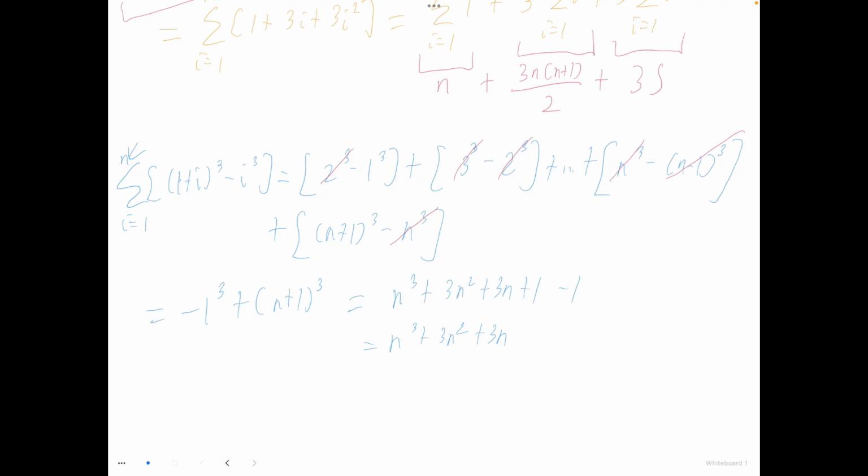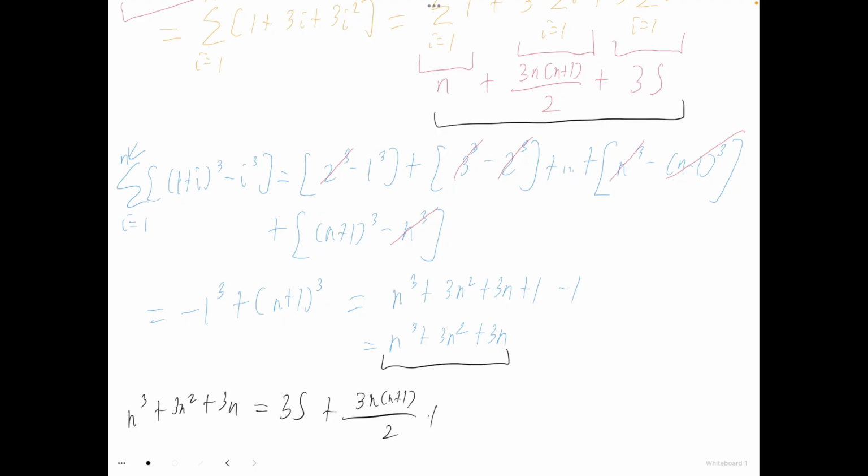But it must be equal to the other thing we just computed above. So our two sums that we just computed must be equal to each other. And so we're going to set them equal to each other. And so we've got n cubed plus 3n squared plus 3n needs to equal 3 times s, the sum we care about, plus 3 times n plus 1 divided by 2, plus n.